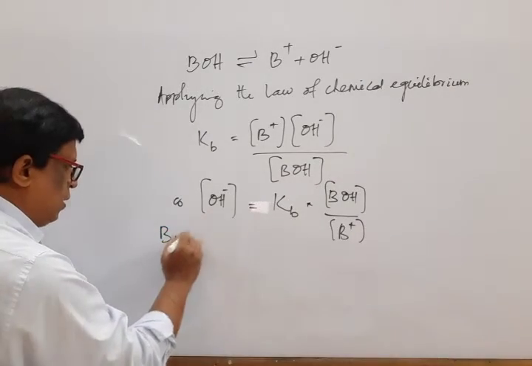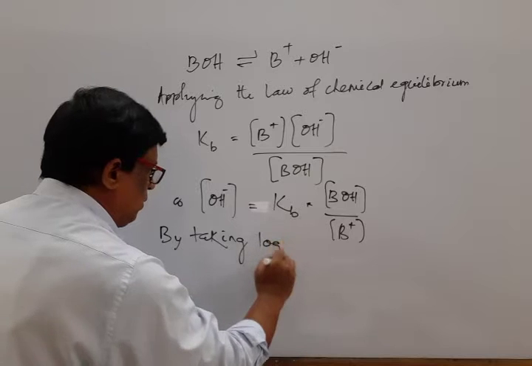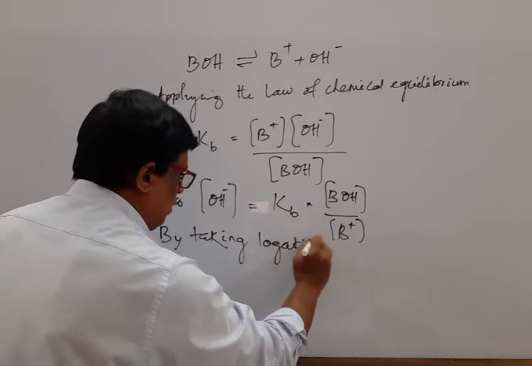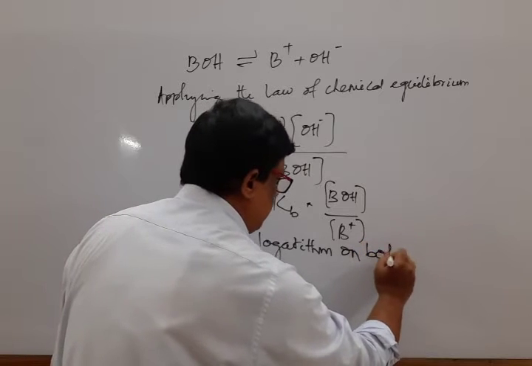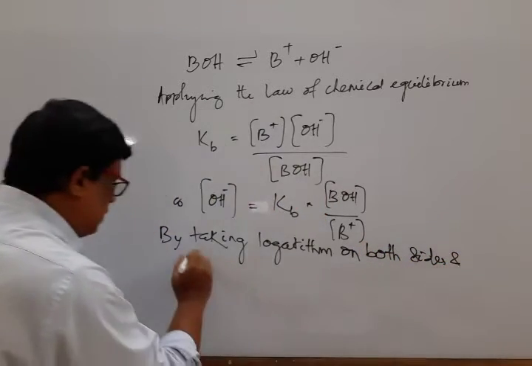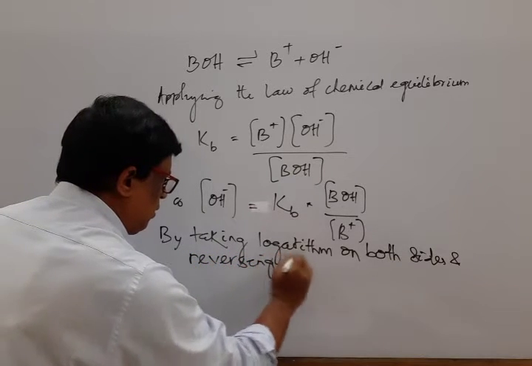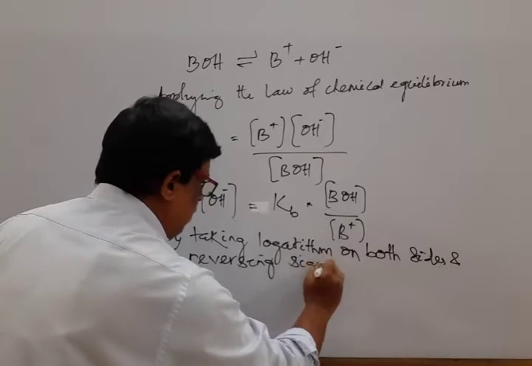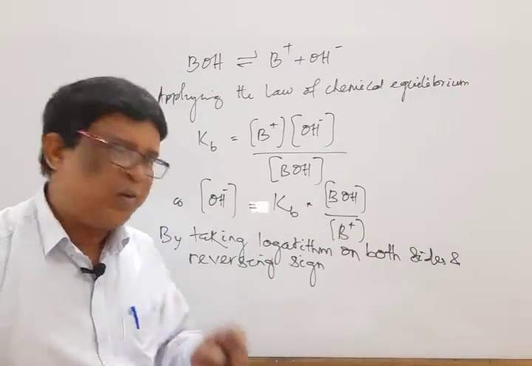By taking a logarithm on both sides and reversing sign, reversing sign means multiplying minus 1 to each term.